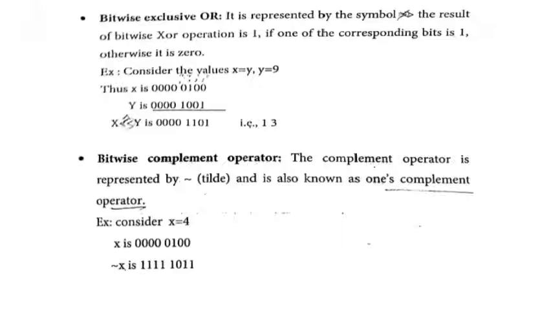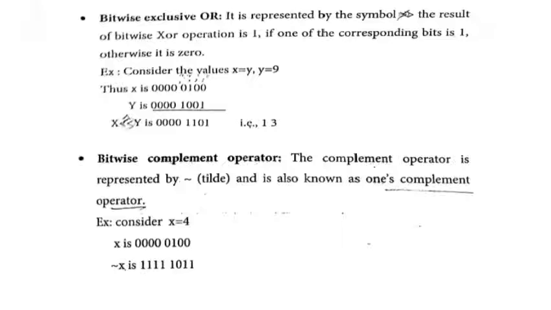Bitwise exclusive OR is represented by the caret symbol. The result of bitwise XOR is 1 if exactly one of the corresponding bits is 1, otherwise it is 0. Here the example is x equals 4, y equals 9.